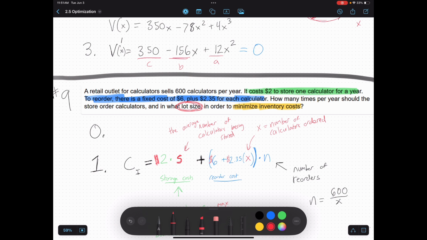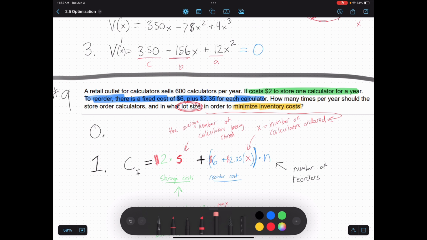That's exactly what lot size is. Lot size is the number of calculators you're ordering. So it's $6 plus $2.35 per calculator I order. And then I'm not just doing that once. I might be doing that multiple times during a year. So I'm going to multiply that by n. I'm going to erase this because we are going to talk about that in just a little bit.